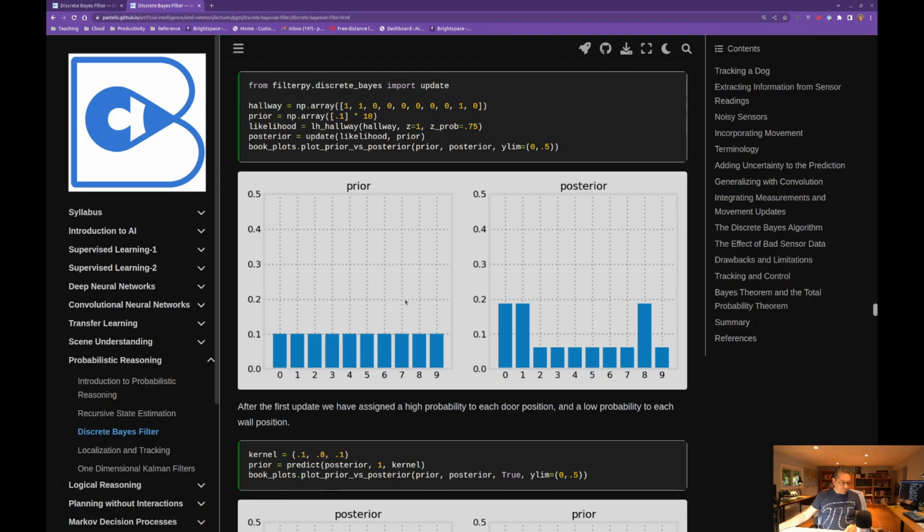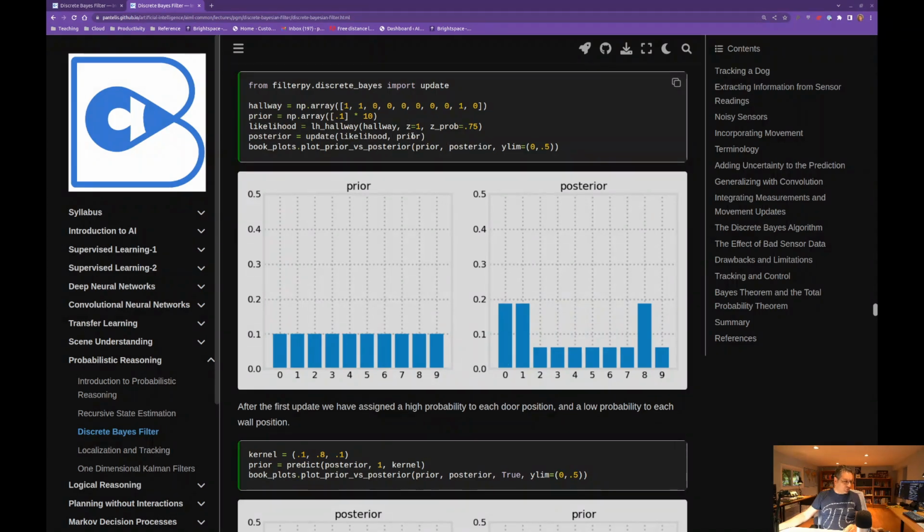Then we are going to calculate our posterior, assuming that we have no action with respect to the agent.